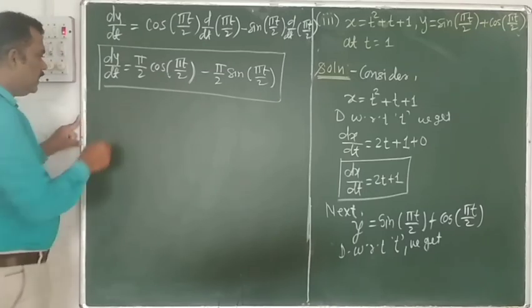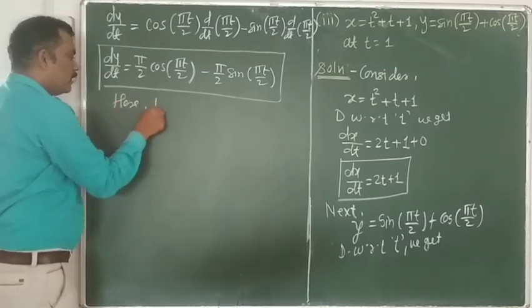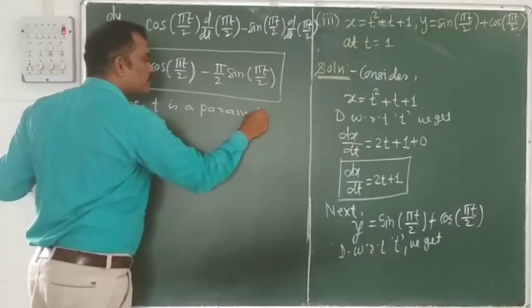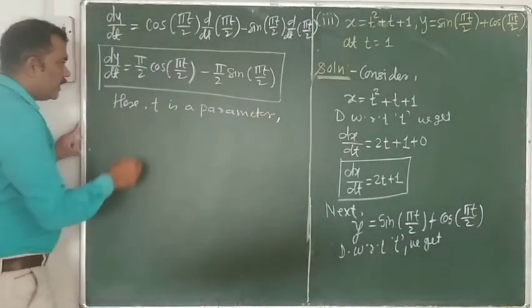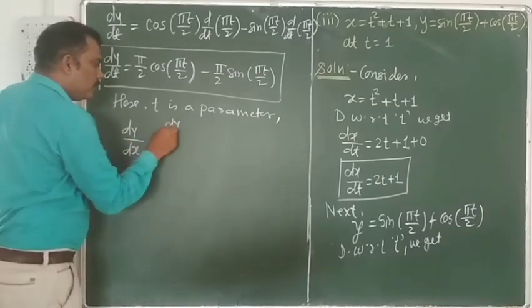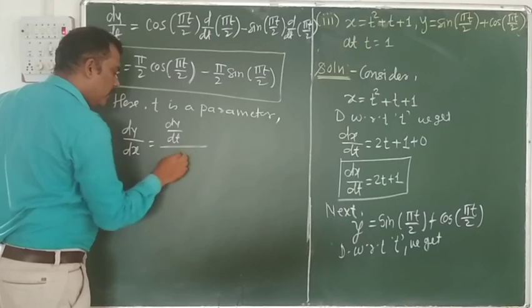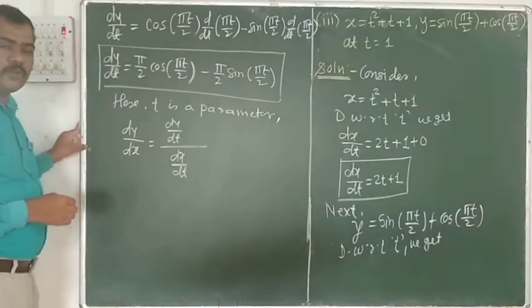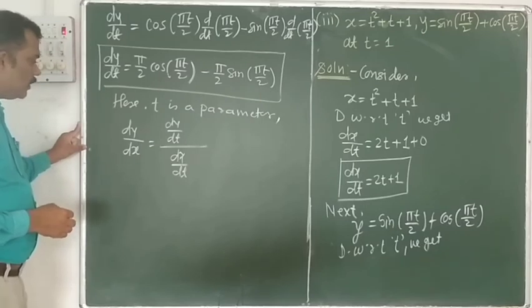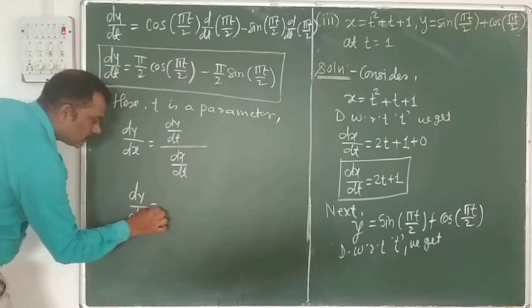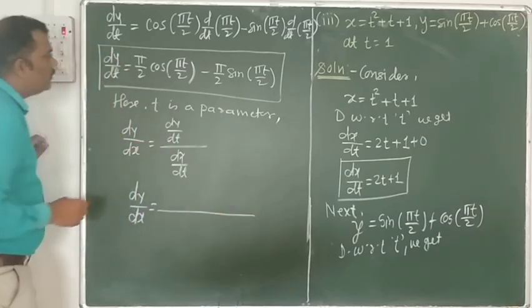Here t is a parameter, so we can write dy by dx is equal to dy by dt divided by dx by dt, with dx by dt not equal to 0. Now we substitute the corresponding values. Dy by dx is equal to, what is the value of dy by dt?